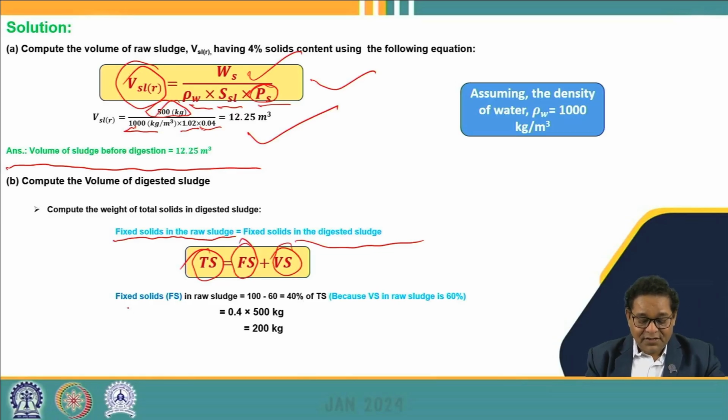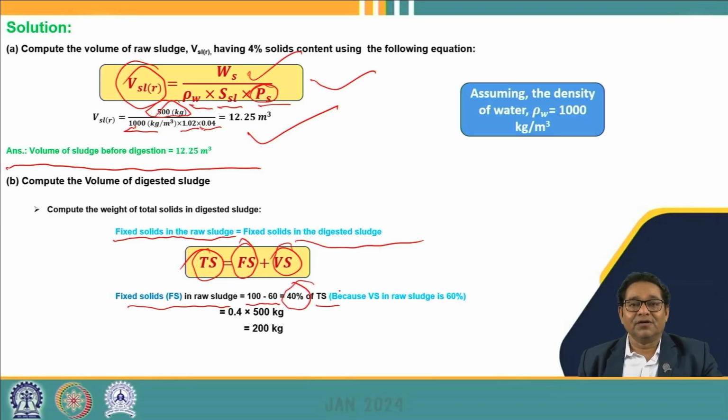Because the raw sludge contains 60% volatile solids, 100 minus 60 gives 40% of the total solids as fixed solids. So 40% of the total weight of the solids comes to around 200 kg, which will be the weight of the fixed solids present in the digested sludge.